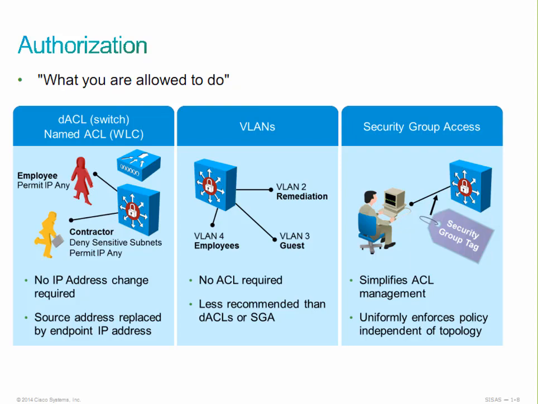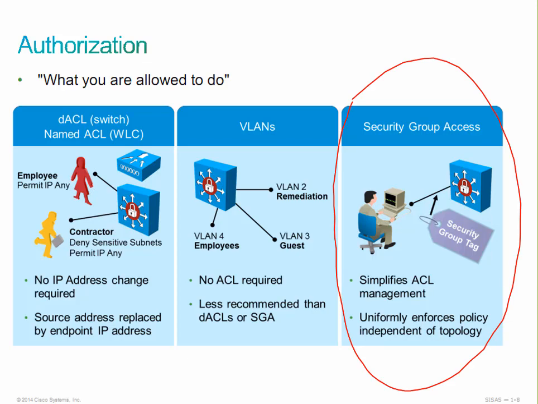The final piece is implementing what we call Cisco TrustSec, where we implement what we call SGA, Security Group Access. We can implement Security Group Access ACLs, and apply some sort of SGA-based access control.